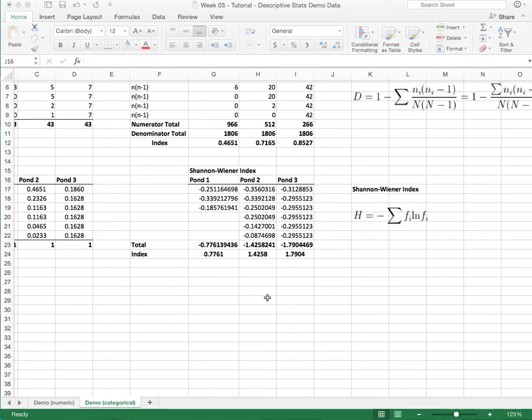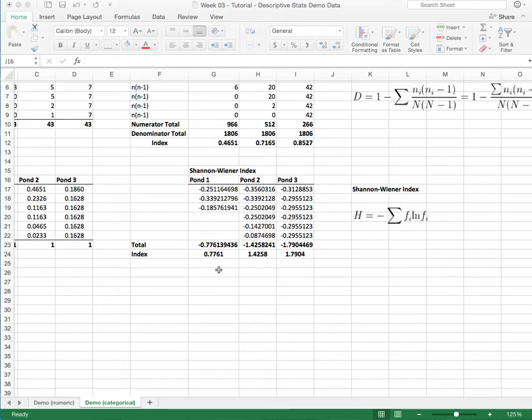Now, as we talked about in the reading, there's no upper limit with this index, but we can see that as we move from pond 1 to pond 2 to pond 3, we are having a greater chance of knowing what we would get if we drew at random, because the lower values indicate that you're going to have greater certainty of knowing what you're going to get if you pulled one at random.